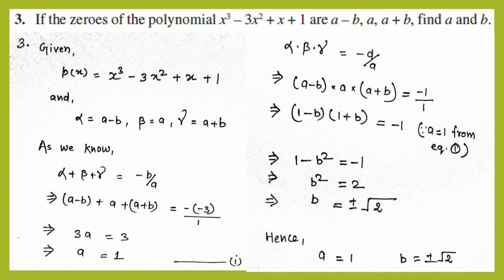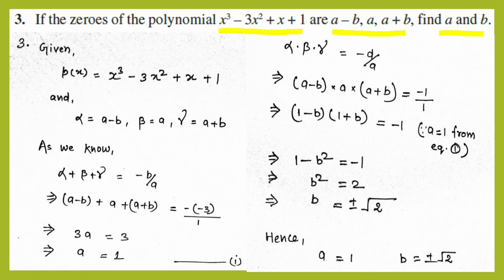In the third problem, we are given a cubic polynomial, and a minus b, a and a plus b are the three zeros of this cubic polynomial. We have to find the value of a and b. Here we will use the relationship between coefficient and zeros to find the values of a and b.